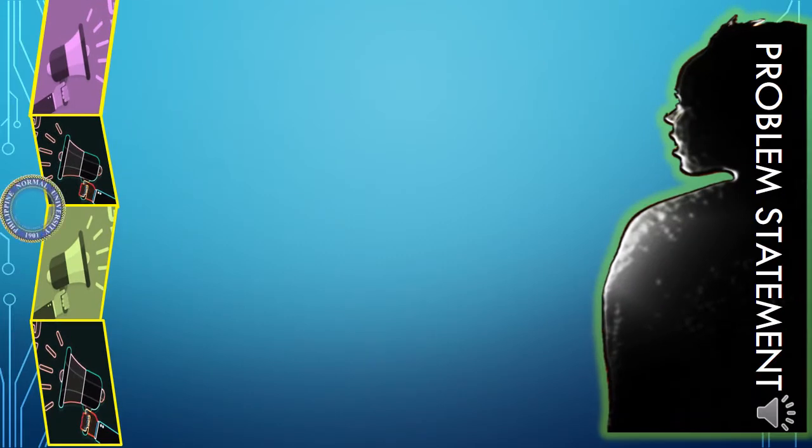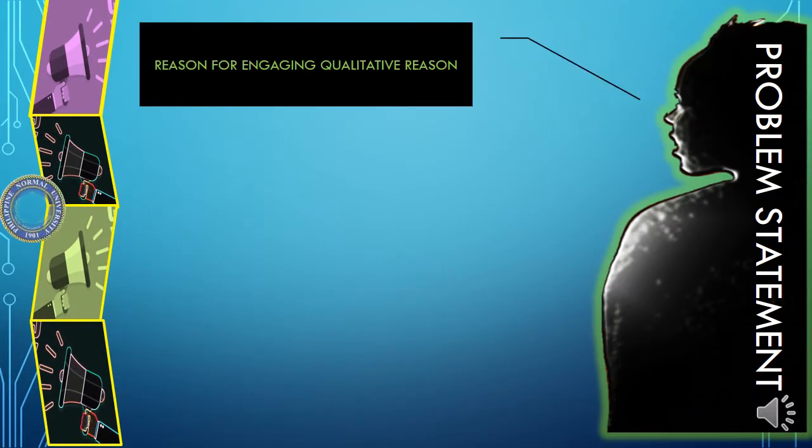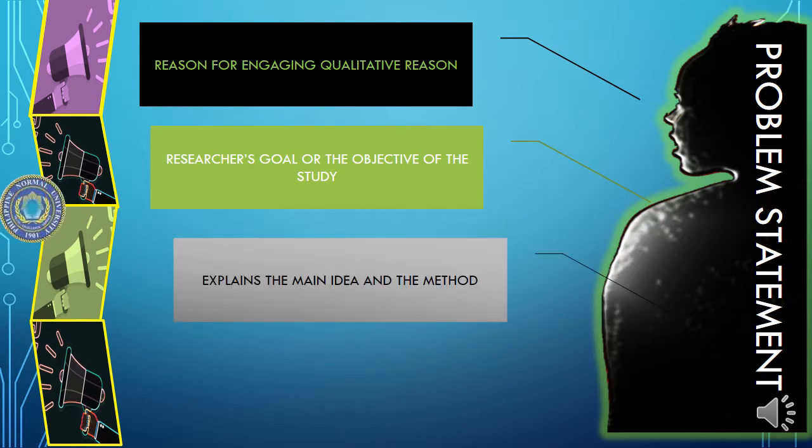Find first the problem statement. The problem statement explains the reason for engaging in qualitative research. The purpose statement is the researcher's goal or the objective of the study. It reiterates and explains the main idea and the method that will be used to collect and analyze the data.